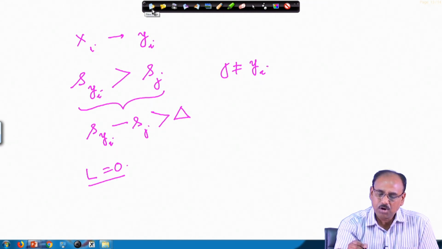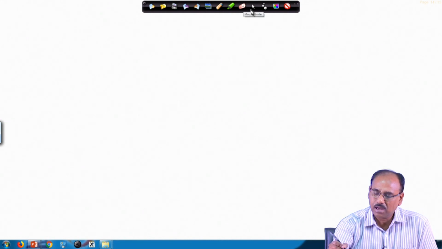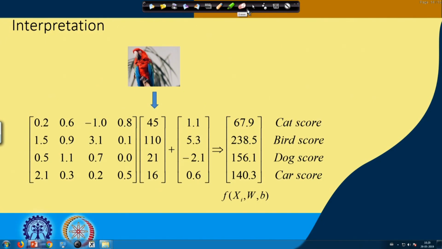I will come to this loss function in detail in our next class, but before that let me tell you the interpretation of this linear machine.